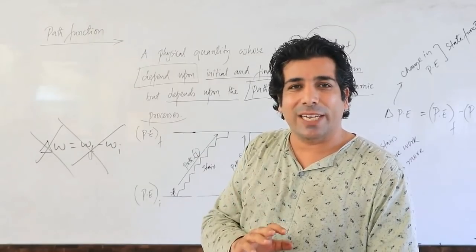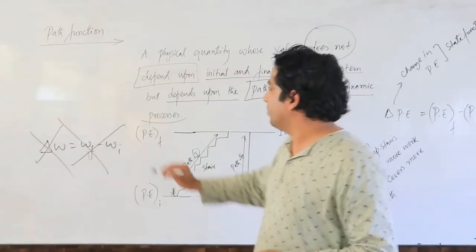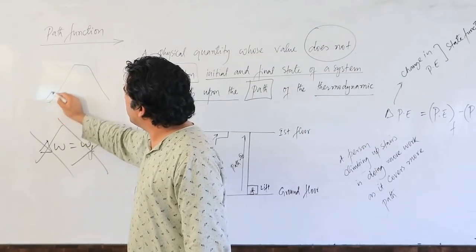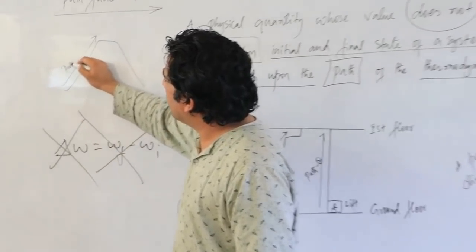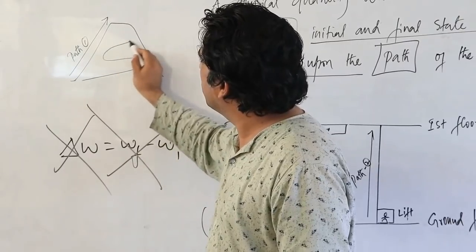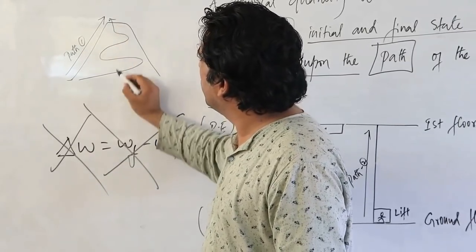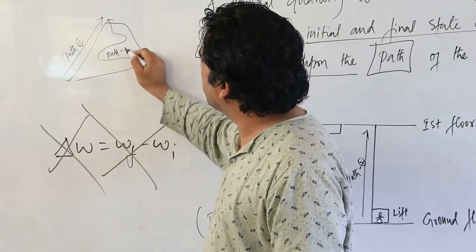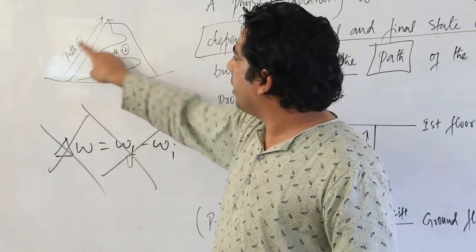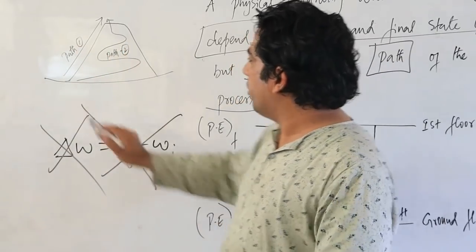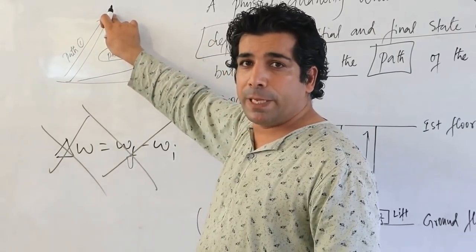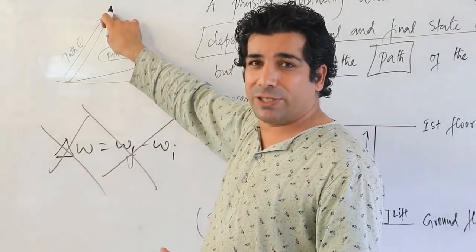Yes, I can tell you that if you climb, suppose there is a mountain here. If you are climbing the mountain straight up, this is path number 1. And if you climb the mountain like this and reach the top, this is path number 2. So my dear friends, when you are climbing the mountain by path 1 and path 2, no doubt the initial potential energy and the final potential energy, the change in potential energy, will be a state function.